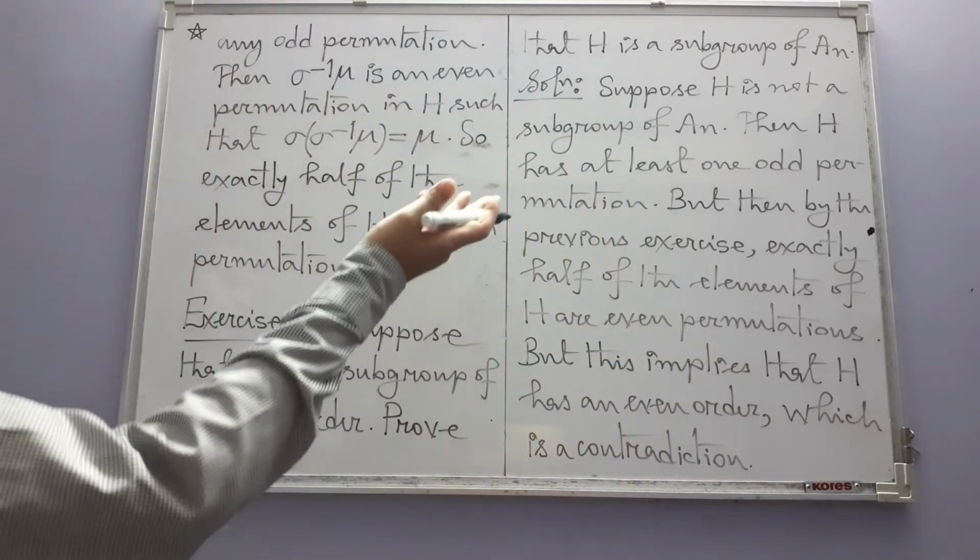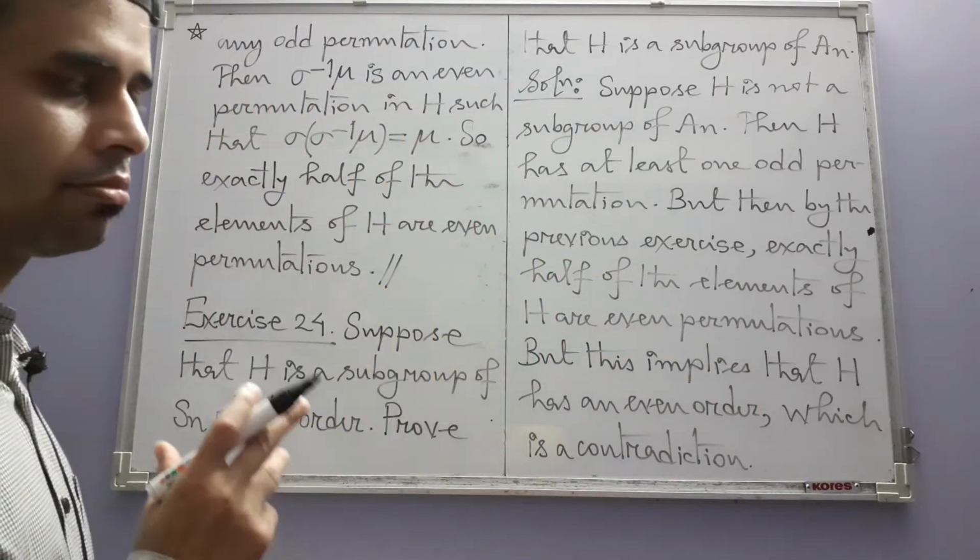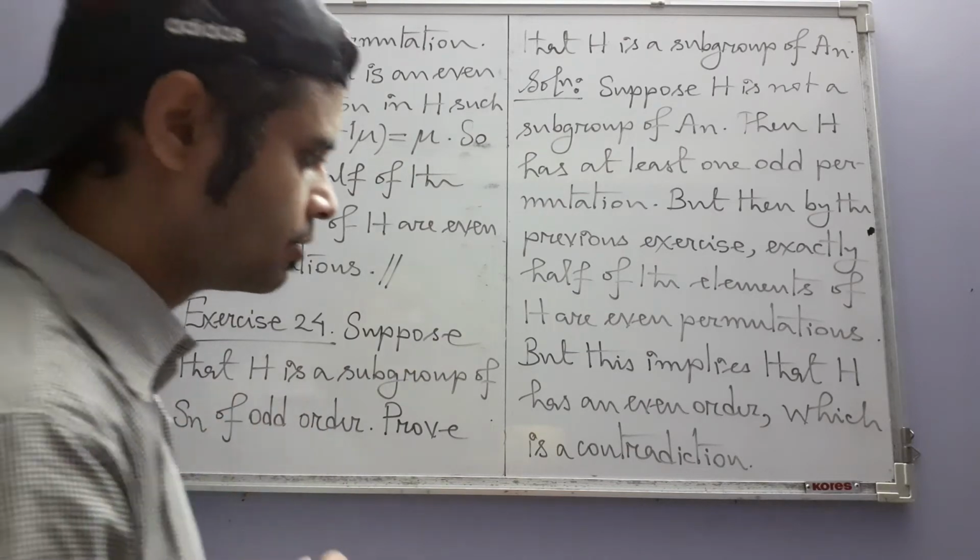So that means our supposition is wrong, and hence H must be a subgroup of the alternating group.